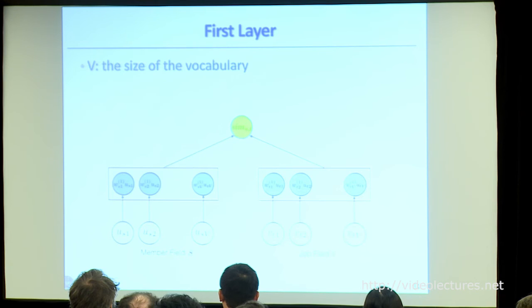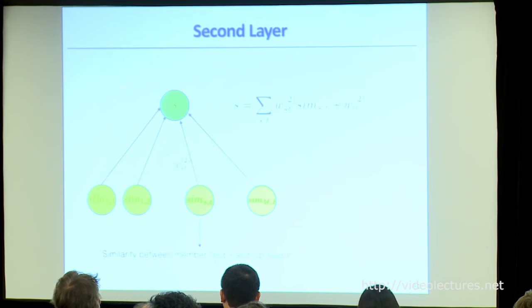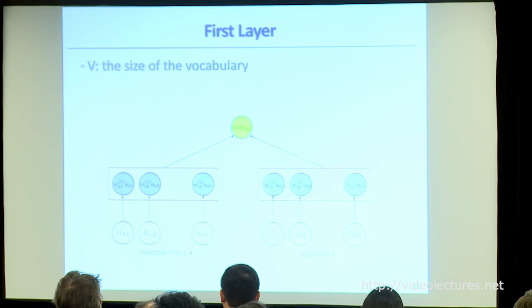Graphically, the first layer can be represented in this way. That's the original feature for each word, and then we scale it into another feature, which is going to be our new feature representation. Using this new representation, we calculate the similarity between user field S, maybe that's user skill, and job field T, maybe that's job skill.